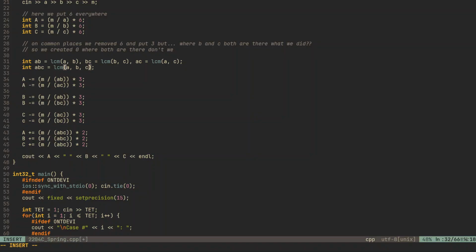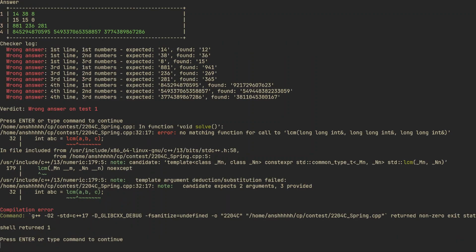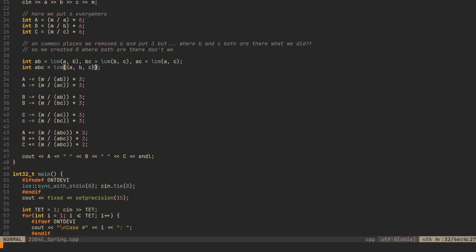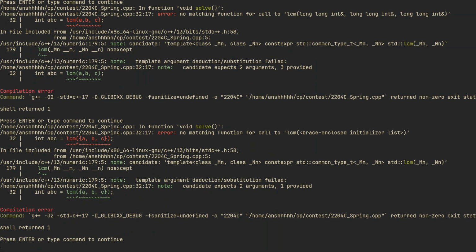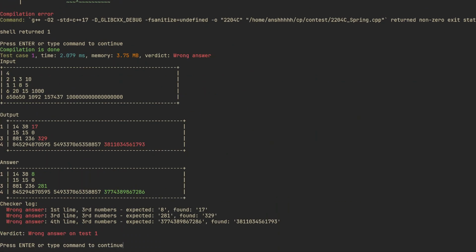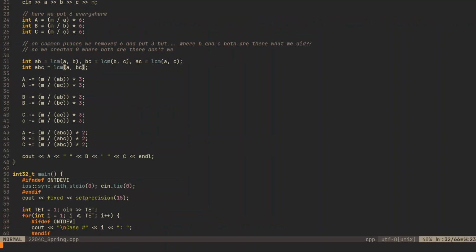I don't know, is there any function like this? No, it's not. Okay, so LCM of A comma LCM of B comma C. Okay. Now we are close.